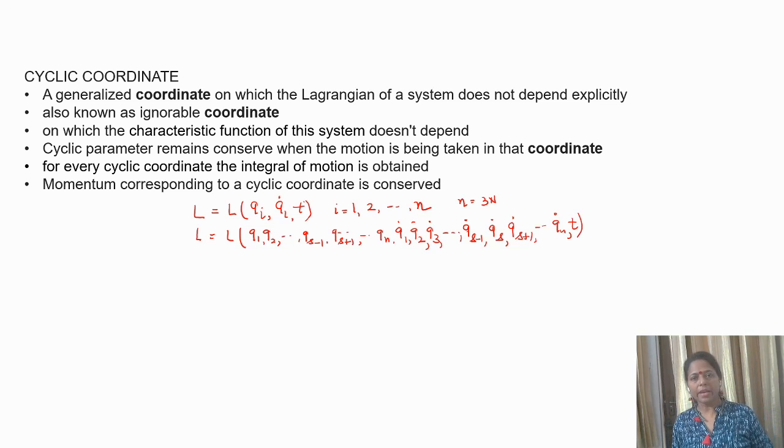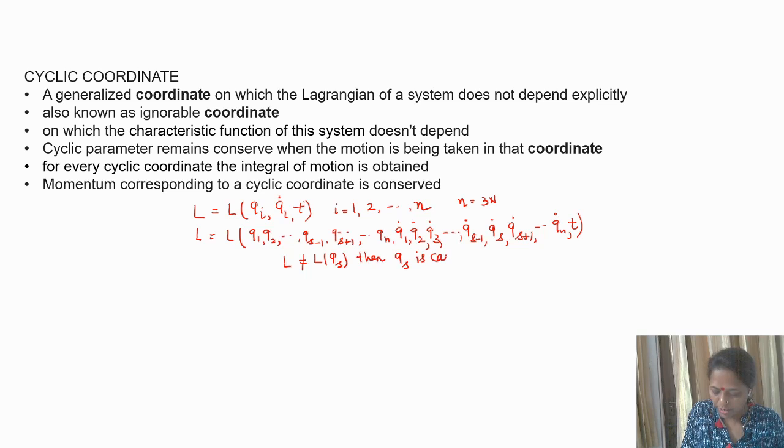Suppose L is in the form that qs is absent from L, then it simply means that the coordinate qs is cyclic. So the result is that if L does not depend upon qs, then qs is called a cyclic coordinate.